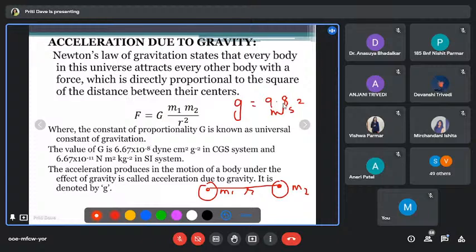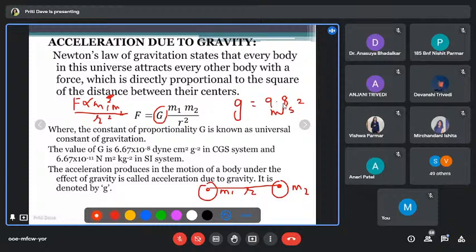Then F is directly proportional to the product of their masses, that is m1 m2, and inversely proportional to the square of the distance. And when you remove the proportionality constant, you get the gravitational constant, that is G, which is the universal gravitational constant.